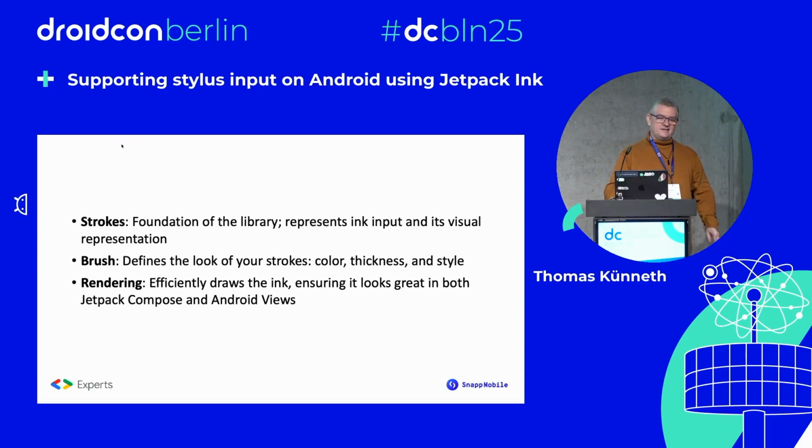Currently, there are six logic modules. The most basic one, strokes, is the foundation of the library. It represents the ink input and its visual representation. Then there is the brush module, which defines the look of your strokes, the color, thickness, and style, for example. Rendering helps you to efficiently draw on screen, ensuring that it looks great on both Jetpack Compose and Android views.